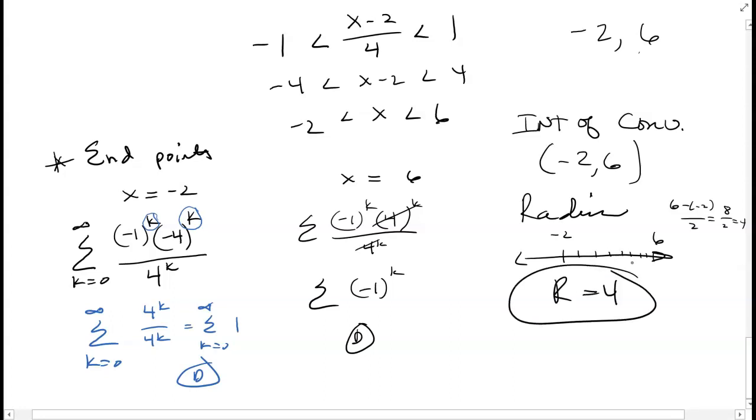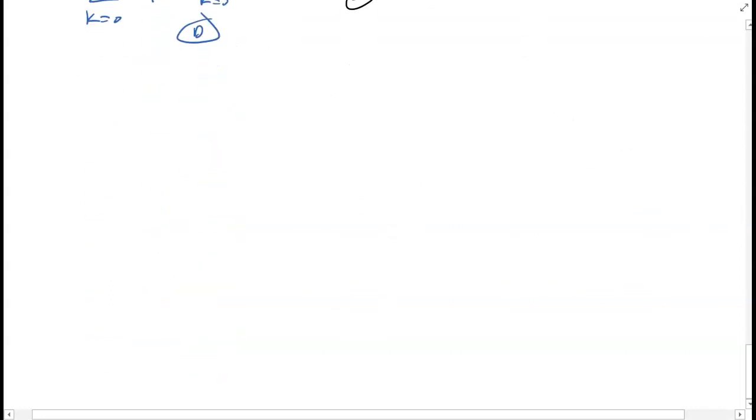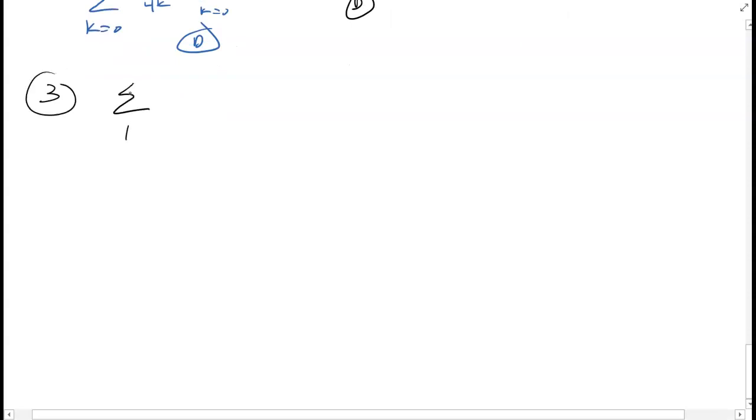Okay, let's move on to the third one. Here we have the summation of k equals 1 to infinity of k factorial x to the k. Do your ratio test. You can hit pause and try this one on your own, of course.